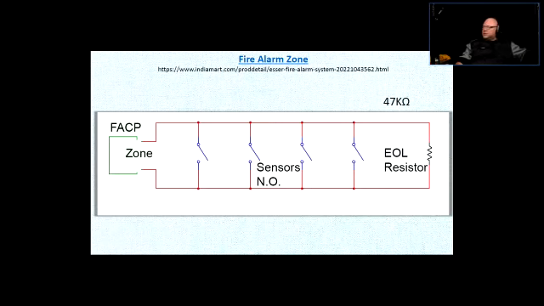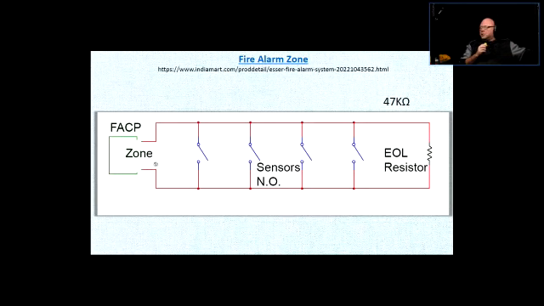Because I have done some fire alarm systems in the past, I have seen some bad installations, where I come over to the fire alarm panel and I can see that the end of line resistors are mounted right at the panel. That is a huge no-no.